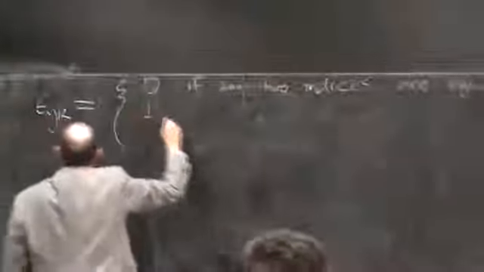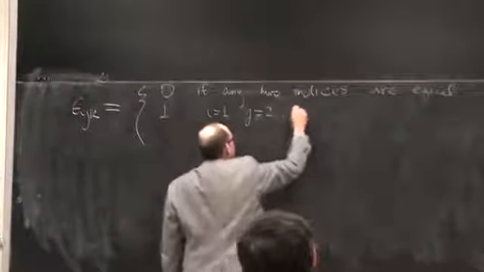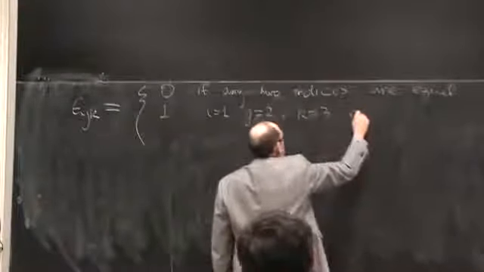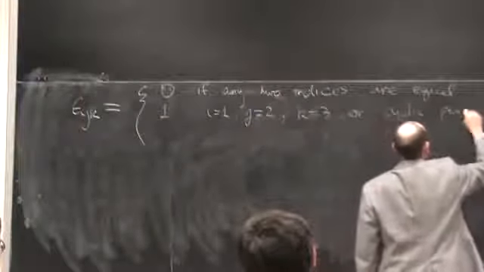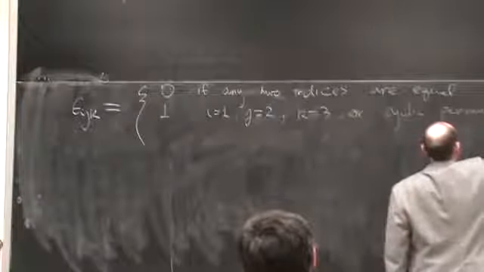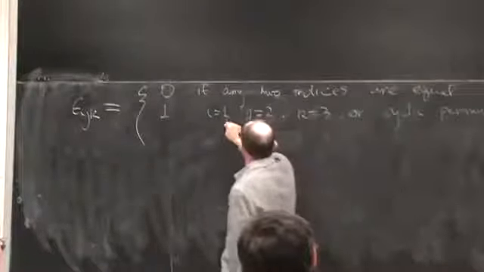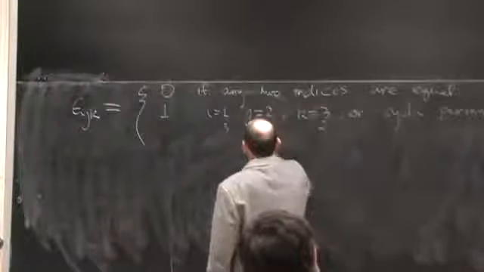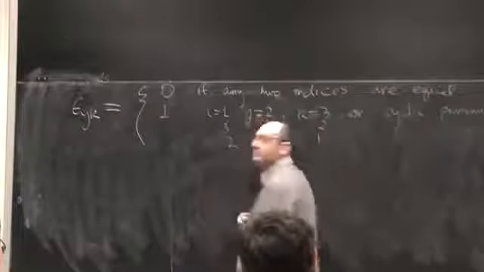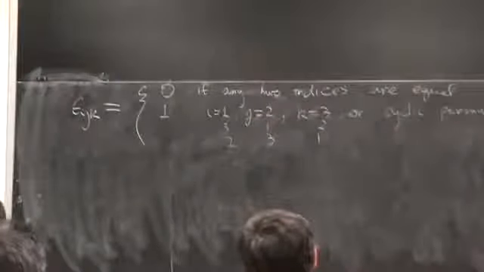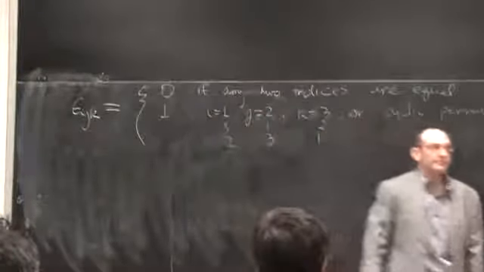It's equal to 1 if i equals 1, j equals 2, and k equals 3, or a cyclic permutation. Right, so that's i, j, k equals 3, 1, 2, or 2, 3, 1. Cyclically permuting. Okay?